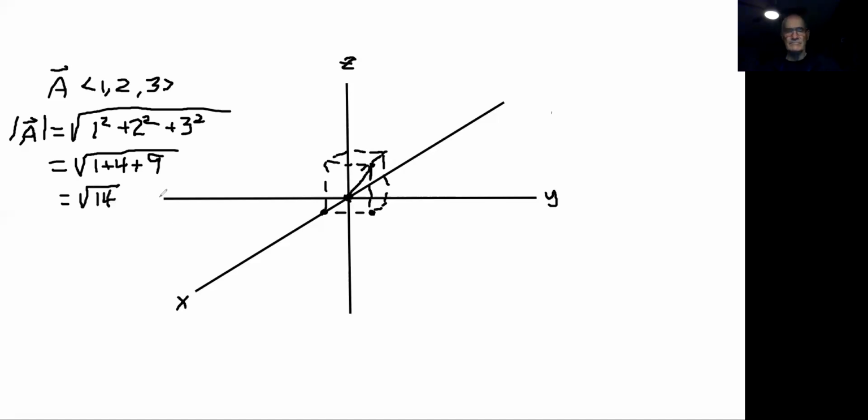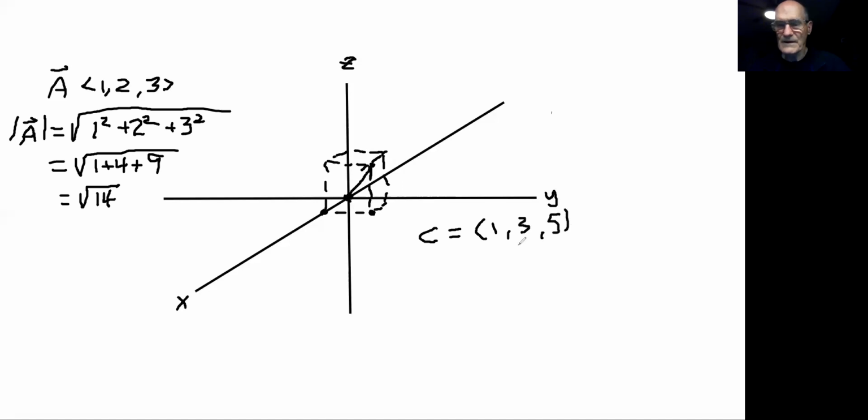Now, if you have two different points and you're trying to find the vector between them, let's say we disregard what we got there. Let's say we have a point C, which is, let's say, 1, 3, and 5.